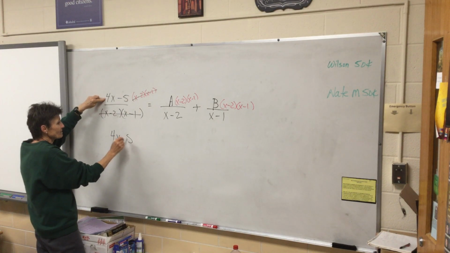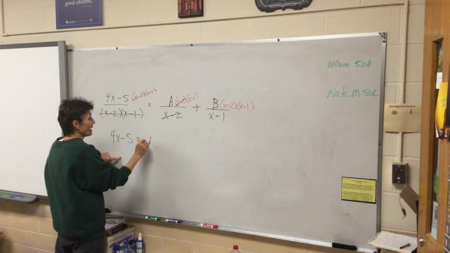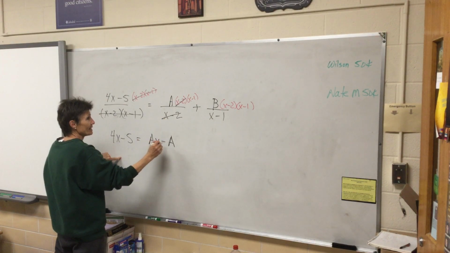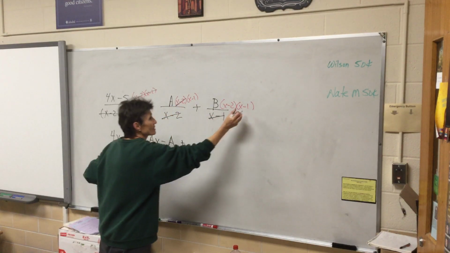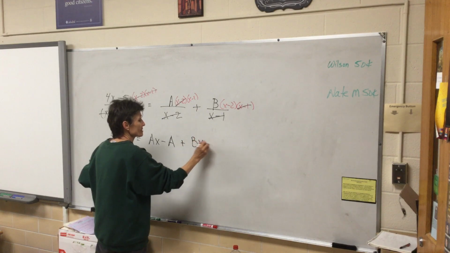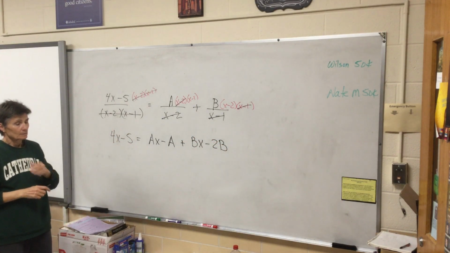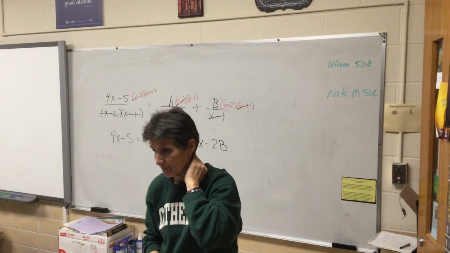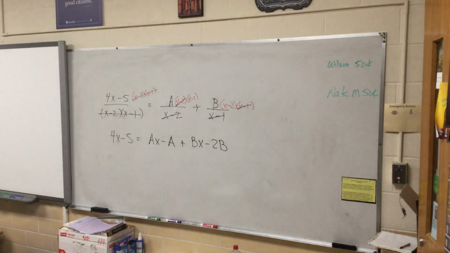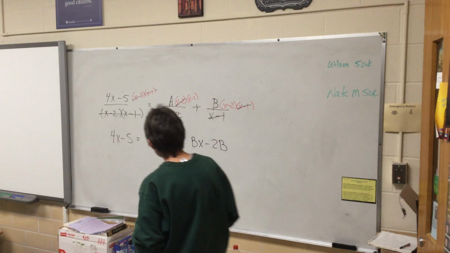So I'll be left with 4x minus 5 equal to ax minus a plus bx minus 2b. Once you get your two little fractions written, you want to multiply through by the common denominator so that there are no fractions left.